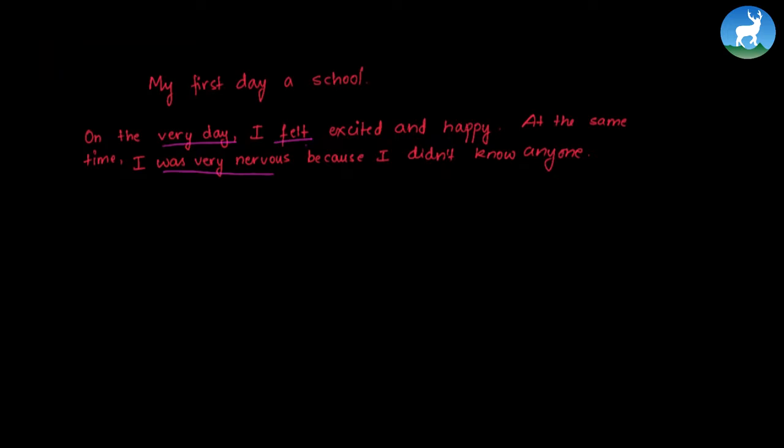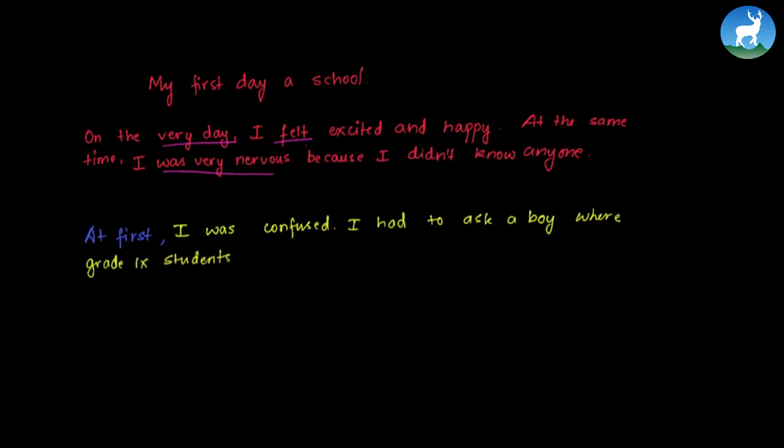Now another form, he writes, at first I was confused. I had to ask a boy where grade 9 students were taking their class. In this statement, the boy is talking about the past in the past.